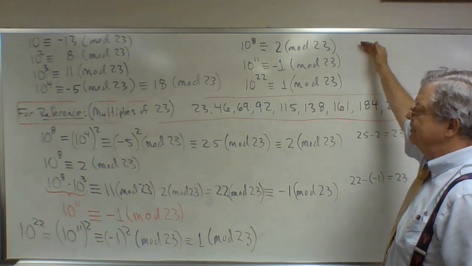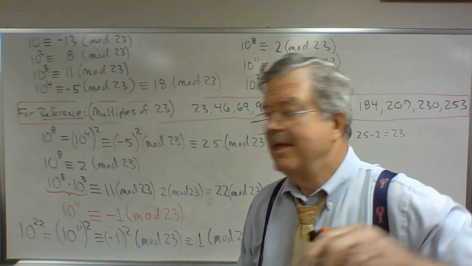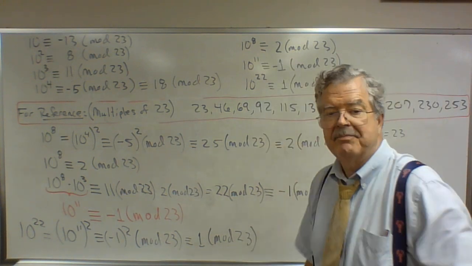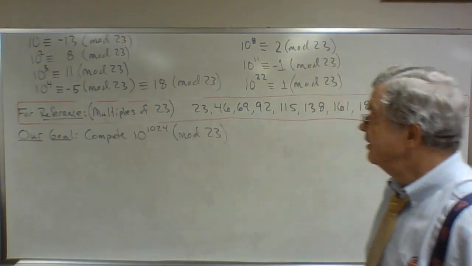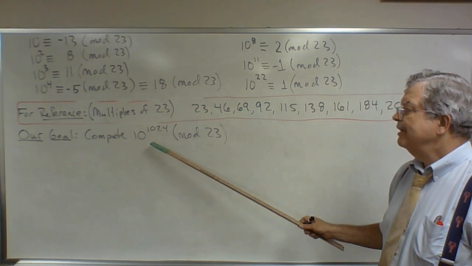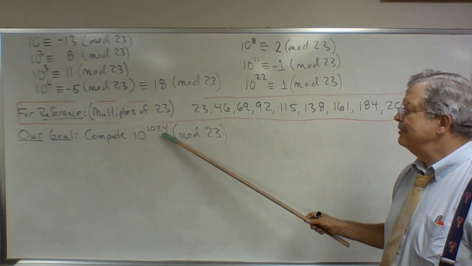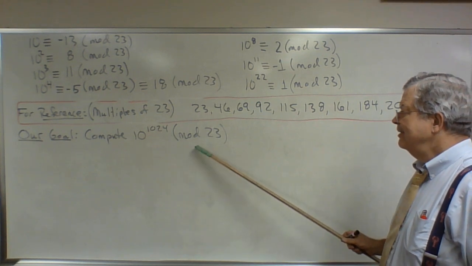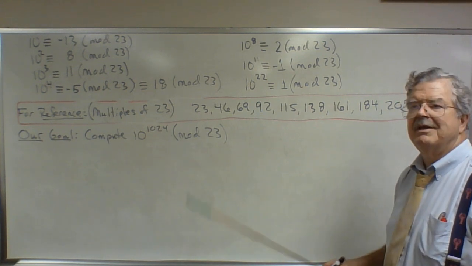I'll keep everything from here up and erase everything from here down. Remember, here's our goal: compute 10 to the power of 1024 mod 23.